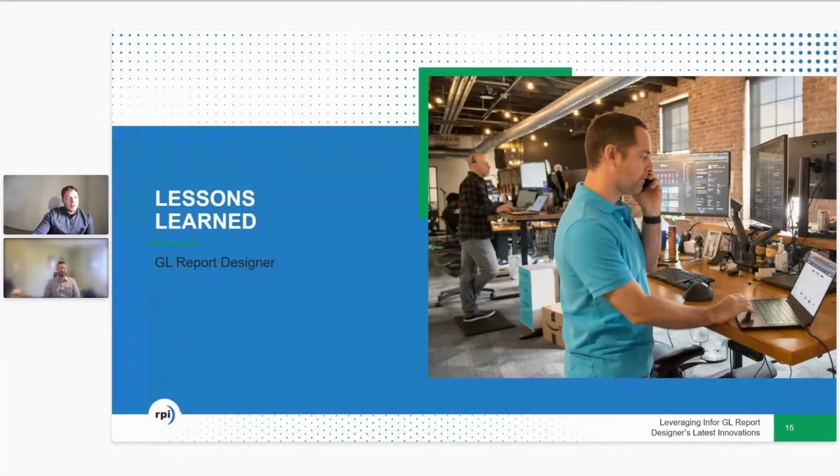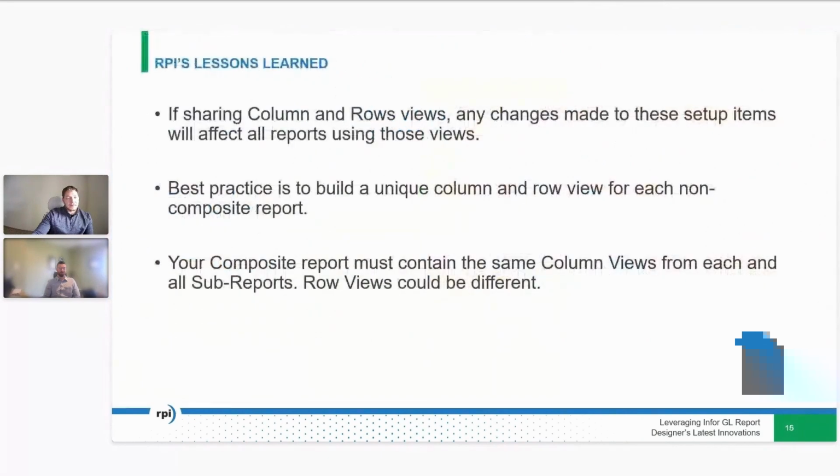All right, so a couple lessons that we've learned over the past year in GL Report Designer. When you make a change to any of your column views or your row views, that's going to apply to all of the reports that you have those applied to.